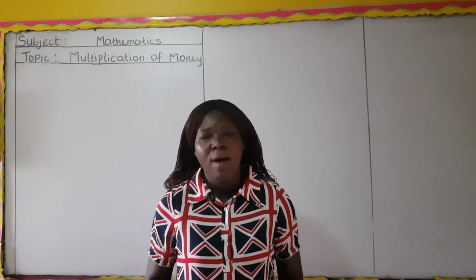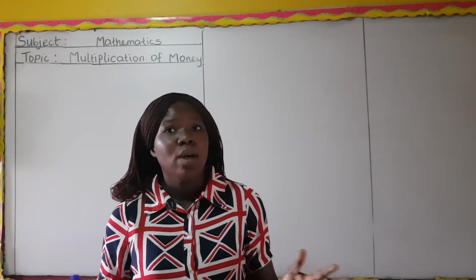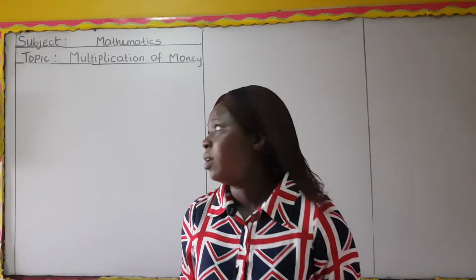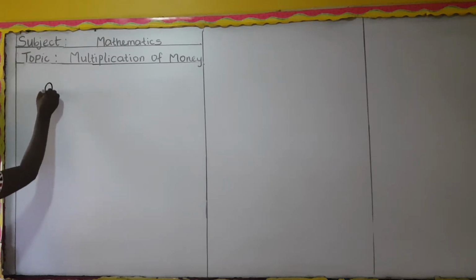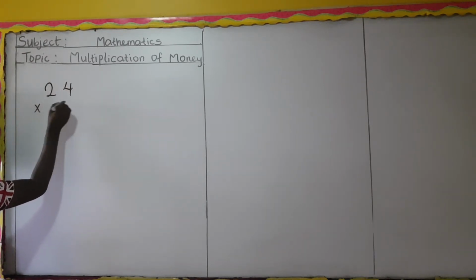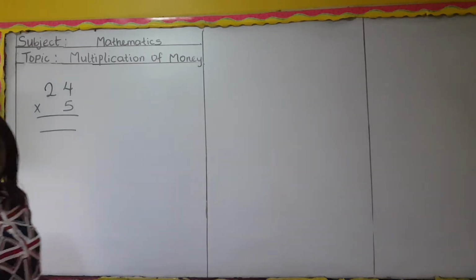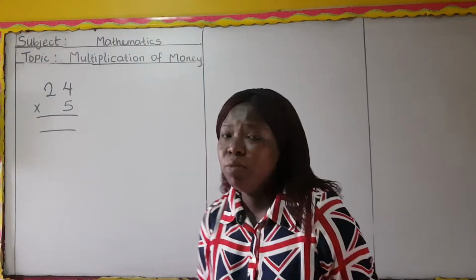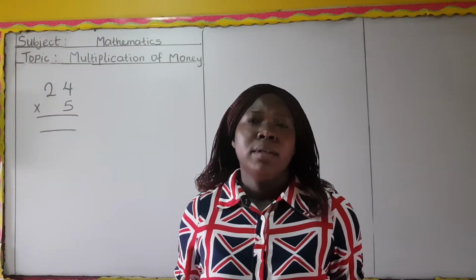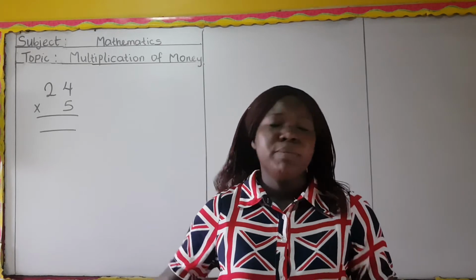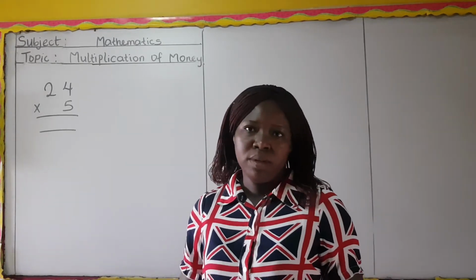Now, we multiply money the same way we multiply whole numbers. Okay? Whole numbers like, for instance, 24 times 5. So we multiply money the same way we multiply whole numbers. And you should also remember that multiplication is also the same as repeated addition.